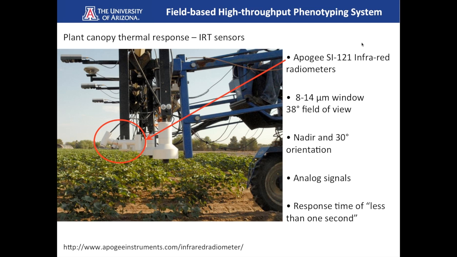We have tested vertical or 30 degrees forward inclination. They have analog signals. And the last point that I'm bringing here is the response time of less than 1 second. That's the manufacturer's description of response time. So that tells you right away that you really have to confirm whether this is fast enough for your operation or not.